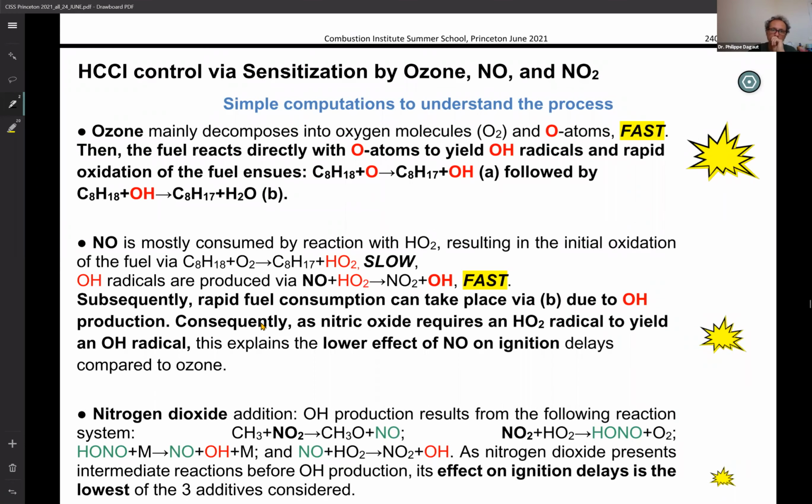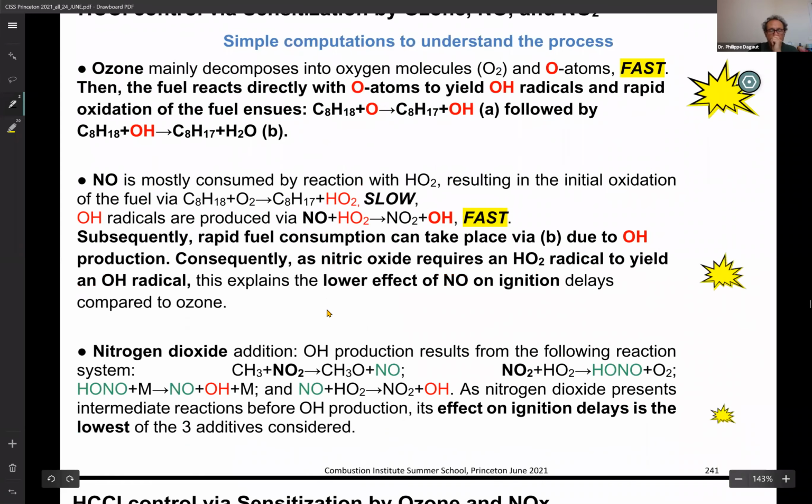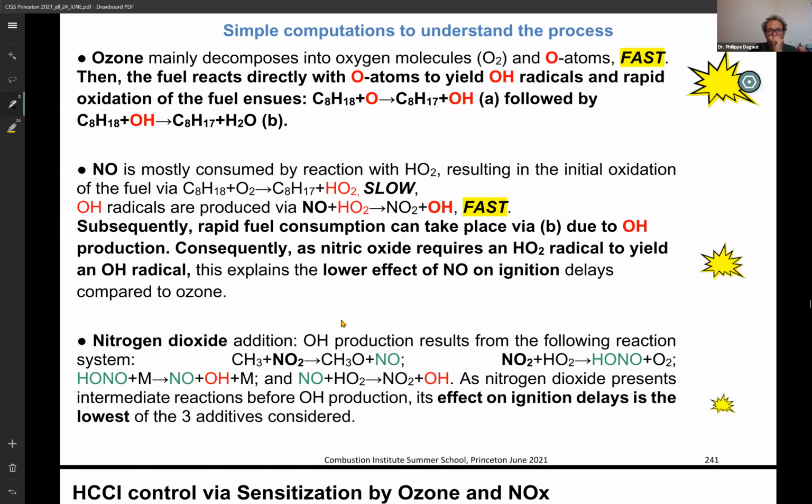And finally, nitrogen dioxide addition. So OH production results from the reaction of CH3 plus NO2, giving CH3O plus NO, and NO2 plus HO2 gives HONO plus O2. HONO can decompose and reform NO and produce OH.